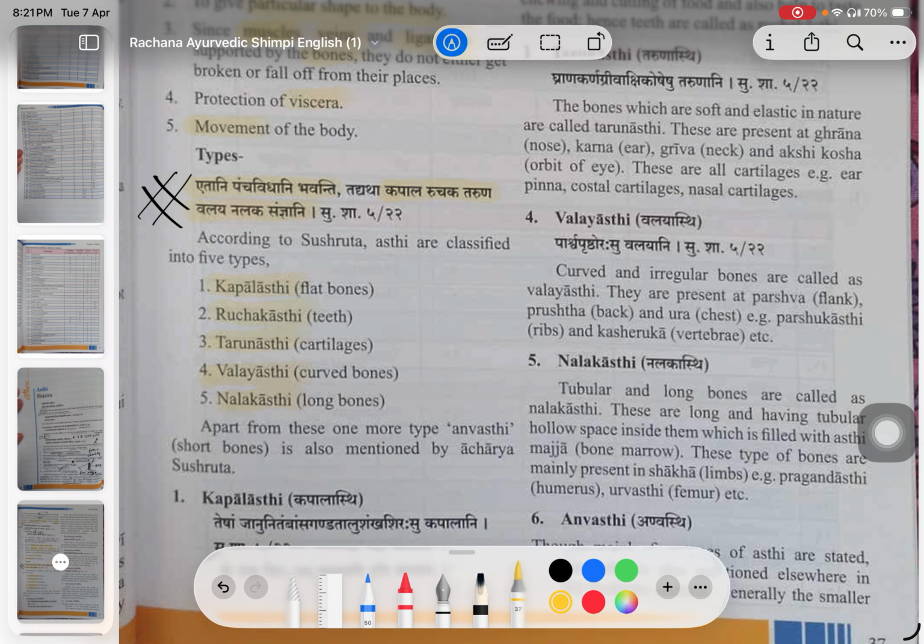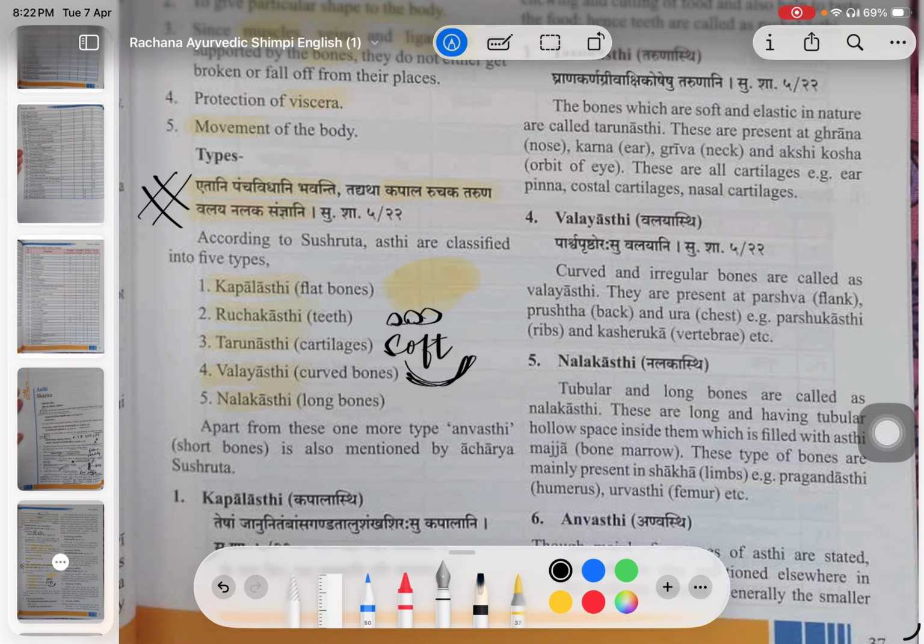Now let us know more about them. The Kapalasthi are all the flat bones. Then the Ruchakasthi are the teeth. Tarunasthi are the soft parts. Cartilages are also considered to be bones in Ayurveda. Valasthi are curved bones like ribs.